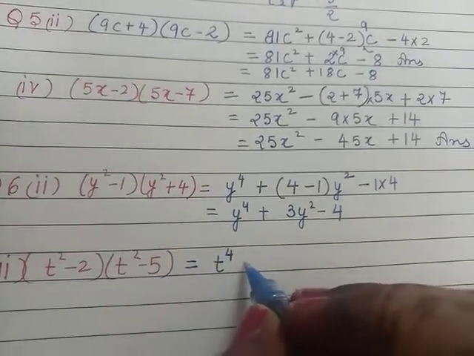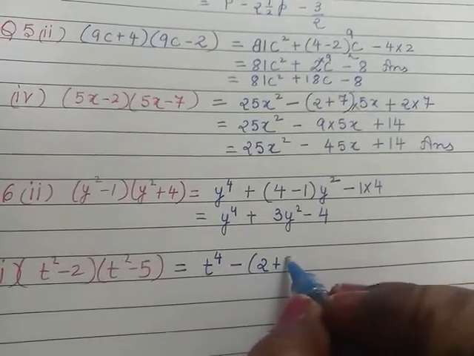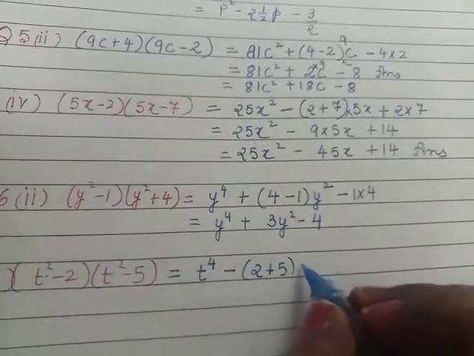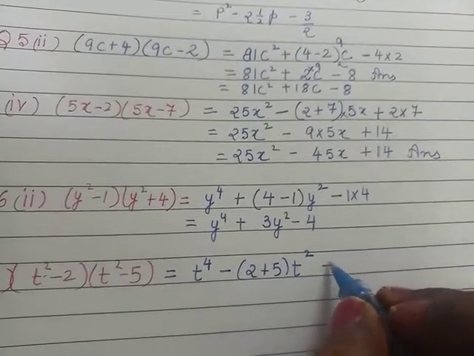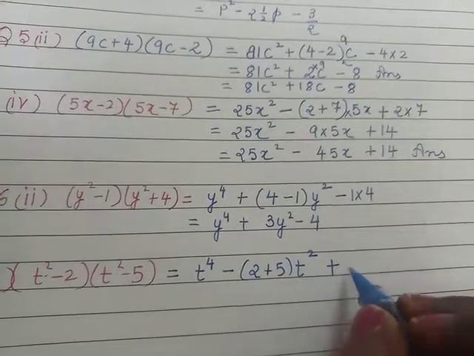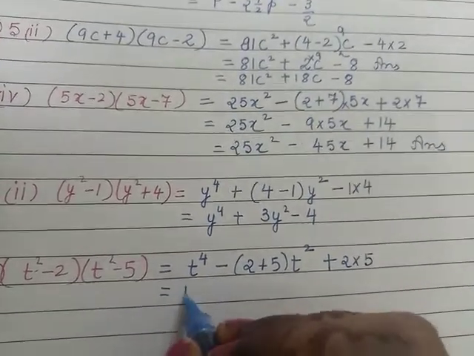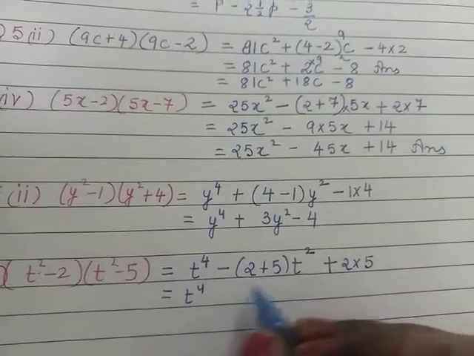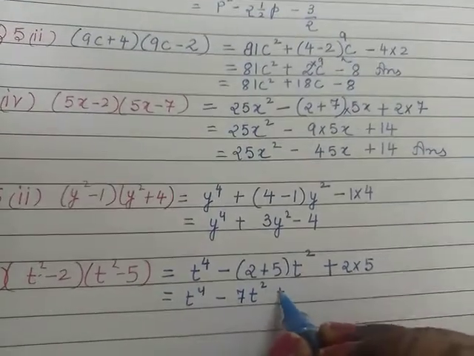Both are negative, so we keep the negative sign outside and we add both the terms. As the first term is t square, we write t square over here. Both are negative, so the last term is going to become positive, and that is 2 into 5. So it becomes t to the power 4, 5 plus 2 is 7, minus 7t square plus 10.